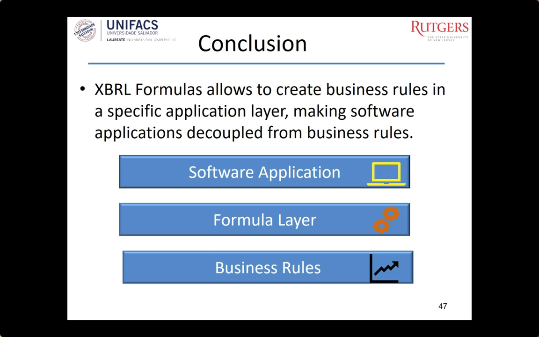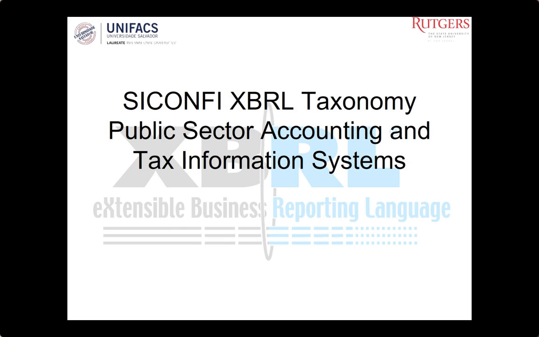So if I change the business rules, we don't need to change the software application, because the rules are represented in one standard that is Formula based. I just have to change or include, for example, a new rule, to change one business rule. We modify only this layer, and we don't need to change the software application.